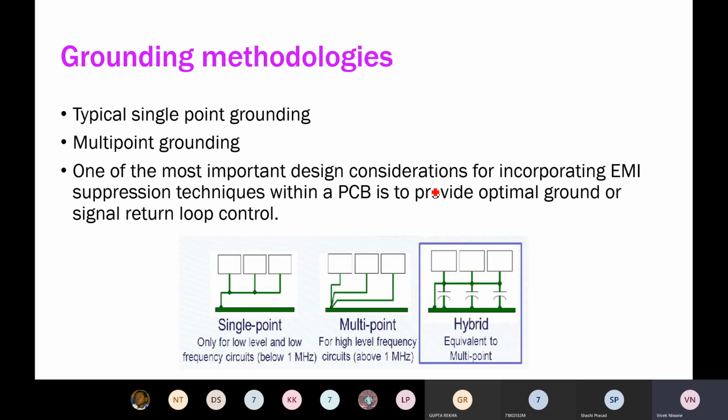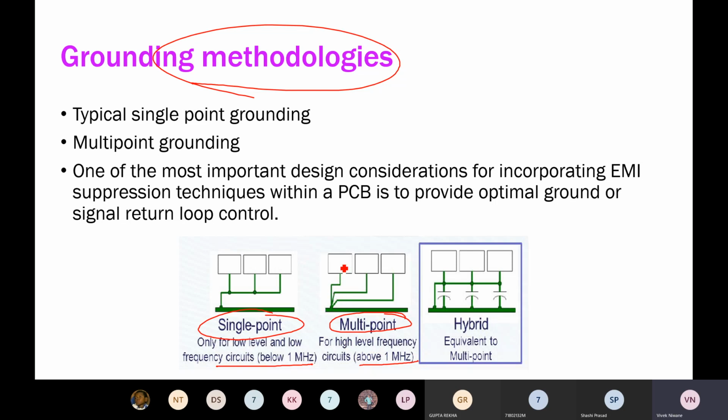In grounding methodology, we also studied grounding methodology previously. Okay, so single point ground is only for low level and low frequency circuits operating at below 1 megahertz. Then multi-point ground technique for high level frequency circuits above 1 megahertz. Every component does have a separate track. Okay, separate track.